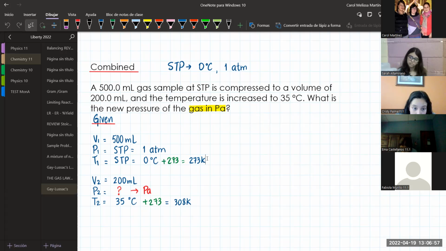So how do I convert from atm to pascals? I need to convert from 1 atm to pascals. What is the conversion factor? And I said pascals, not kilopascals, which are different. 1.013 times 10 to the 5. Yes, to the 5.